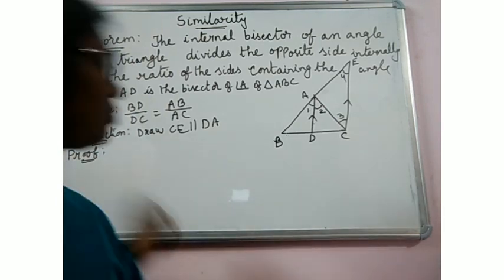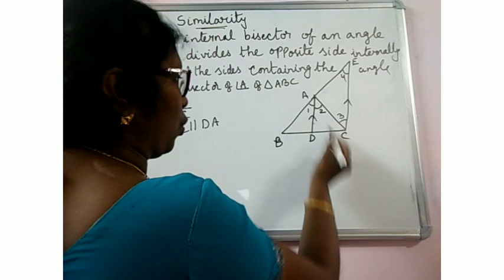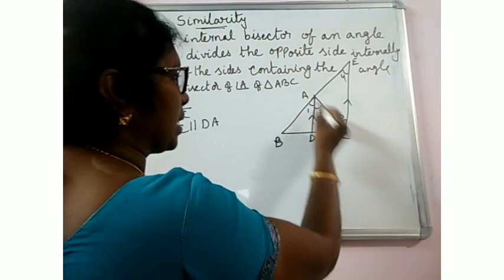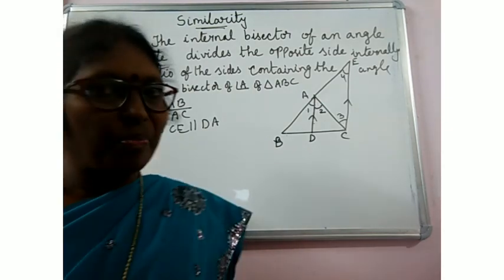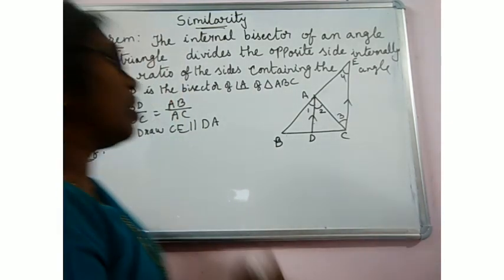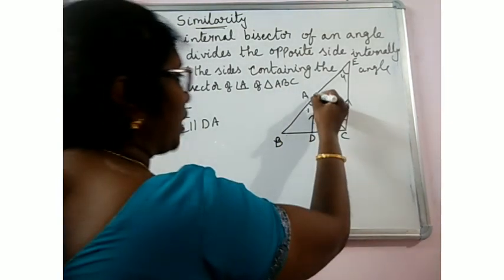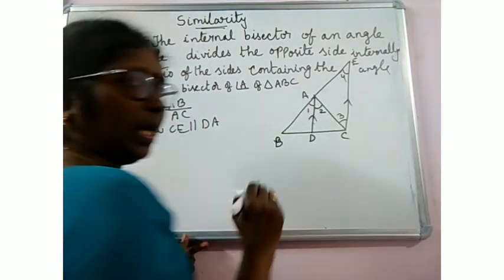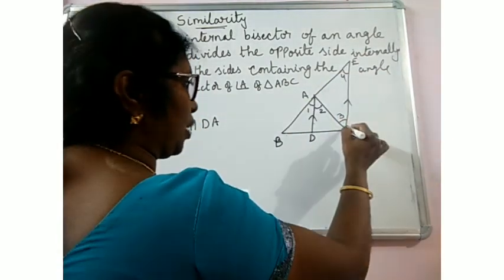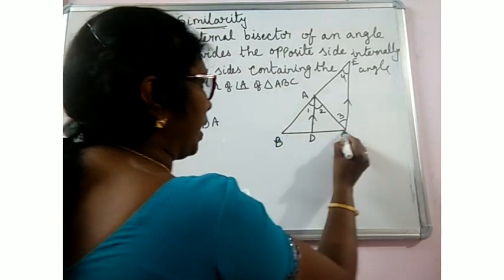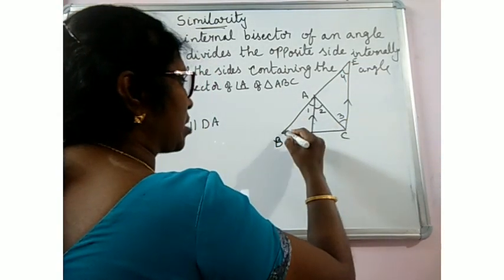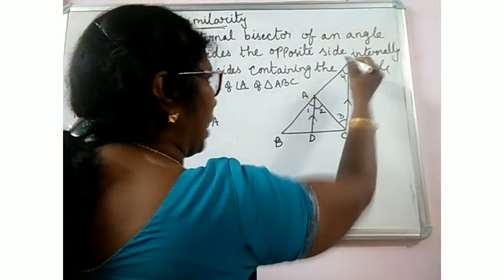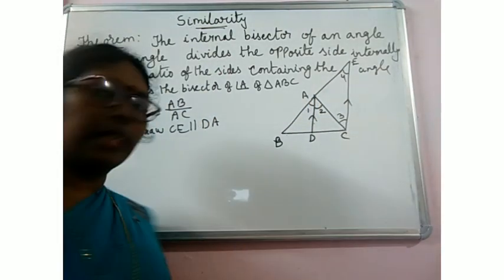Now, it is given to us that angle 1 is equal to angle 2 because AD is the bisector of angle BAC. And we have drawn AD parallel to CE. In triangle BCE, AD is parallel to CE means BA by AE is equal to BD by DC.